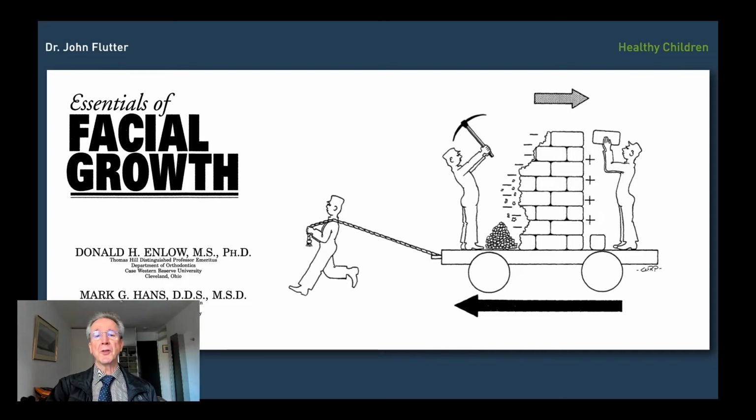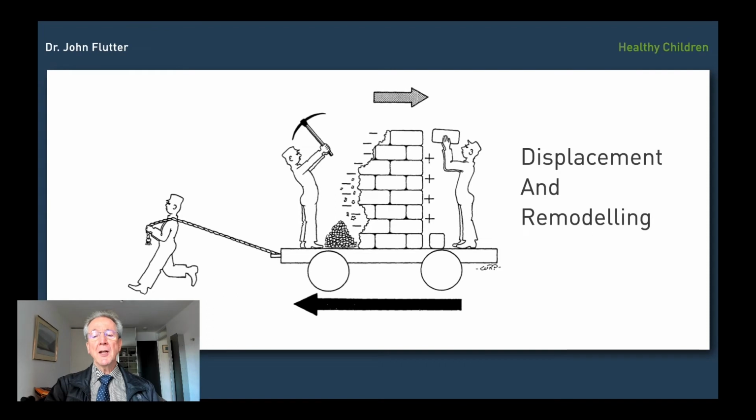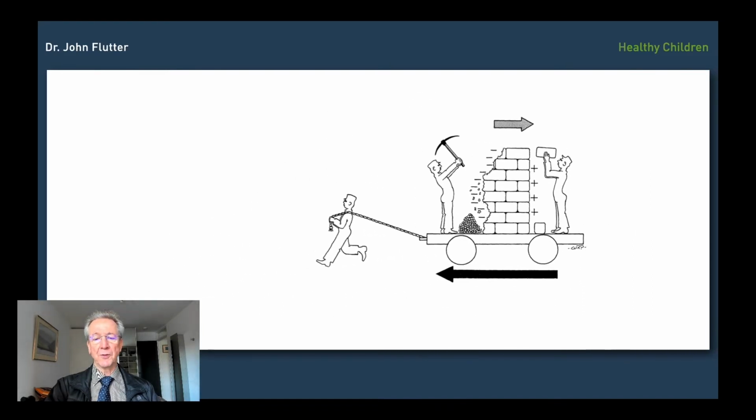And I'm going to use the standard textbook that's used throughout the orthodontic speciality, Enlow's textbook about growth and development. And he describes displacement and remodeling. Displacement is the movement of the maxilla in its downward and forward process, whereas remodeling is the osteoblasts and the osteoclasts actually changing the shape of the bone as it moves.